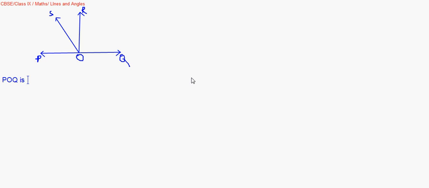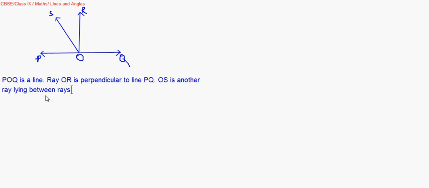POQ is said to be a line. Ray OR is perpendicular to line PQ. OS is another ray lying between rays OP and OR.